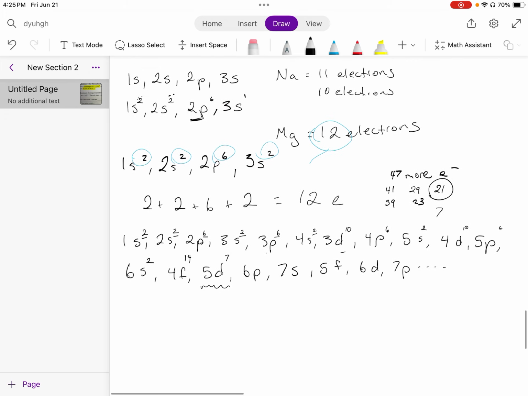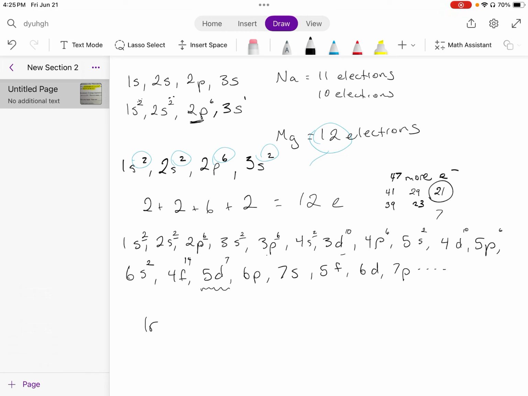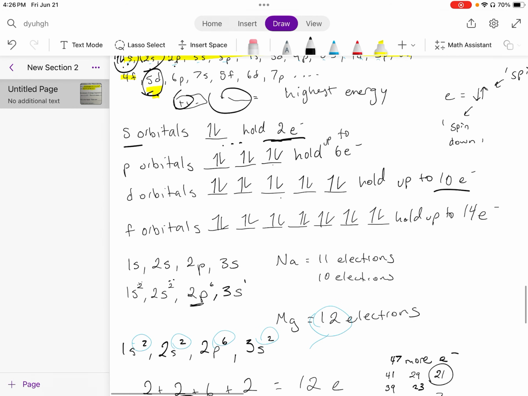So again, let's just go over. Looking at the periodic table, we know iridium has 77 electrons. And these electrons like to fill up each orbital consecutively, in a specific order. And depending on if it's an s, p, d, or f orbital, that dictates how many each can hold.